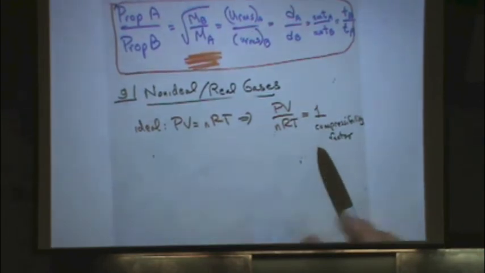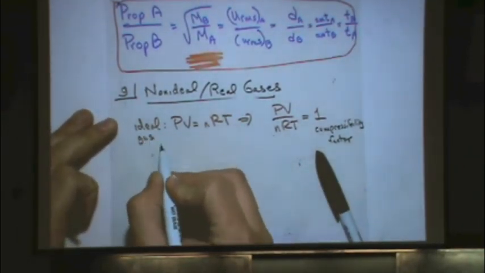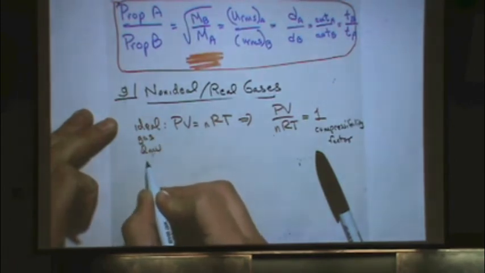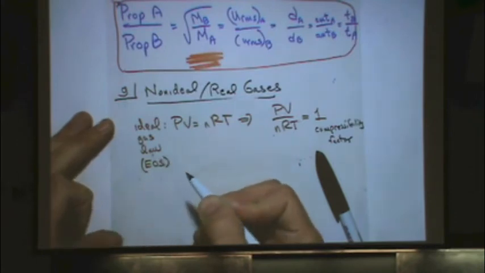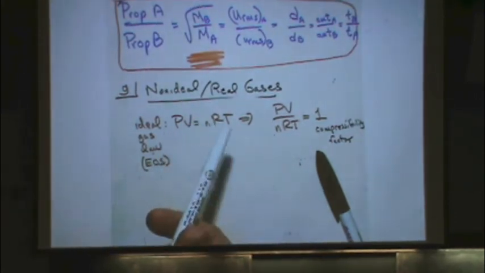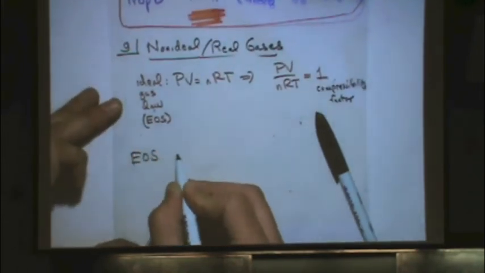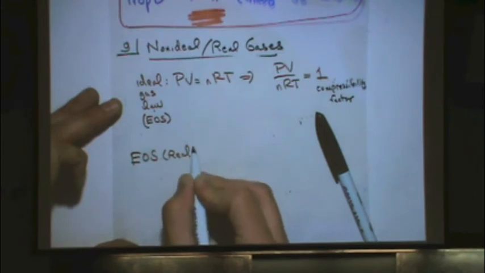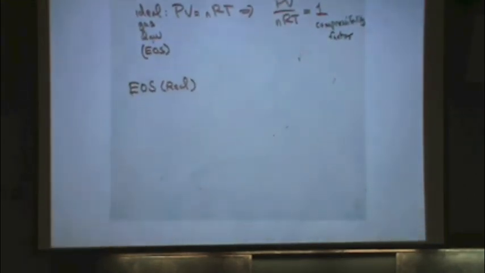This is called the ideal gas law, or we also call it, I've used this word once before, EOS, equation of state. This is the equation of state for an ideal gas. You can also have an equation of state for a real gas. There's actually many equations of state, not just one for real gases, depending on how you want to approximate that real gas.